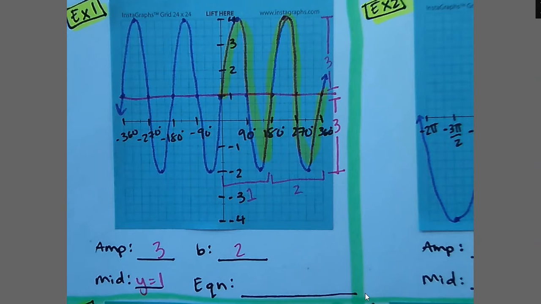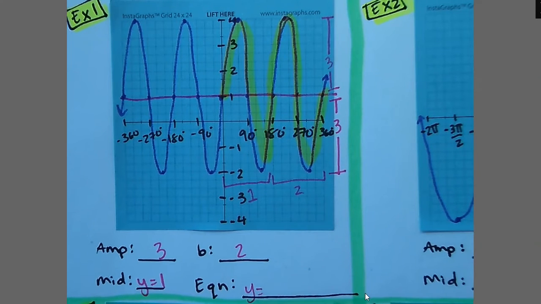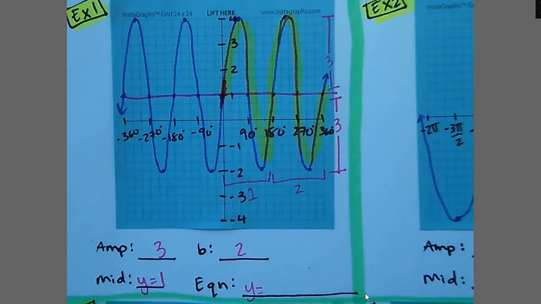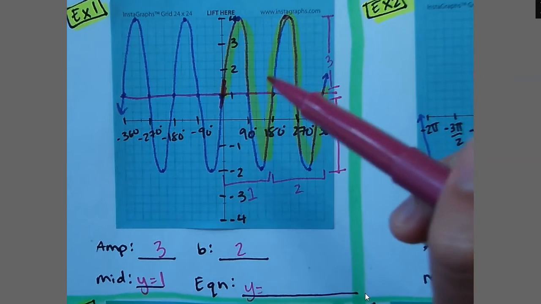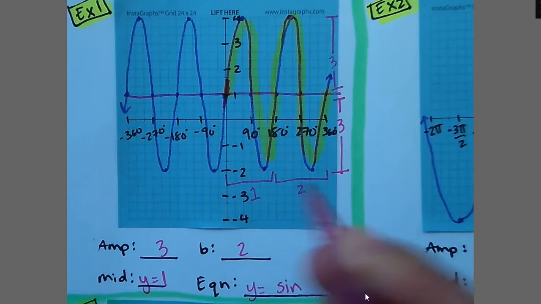And then we're just going to go ahead and write our equation. So we're going to have y equals, okay, sine starts in the middle of the wave on the y-axis. So notice here, this is starting in the middle of the wave. So it's going to be y equals, since this is a sine wave, we're going to put sine, but we already start out with the amplitude.